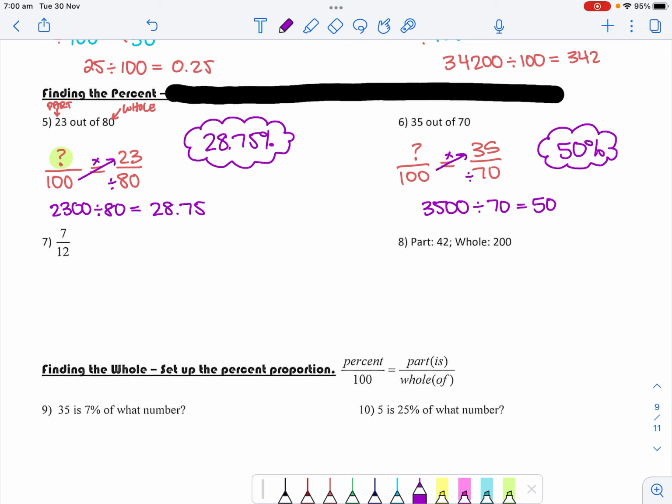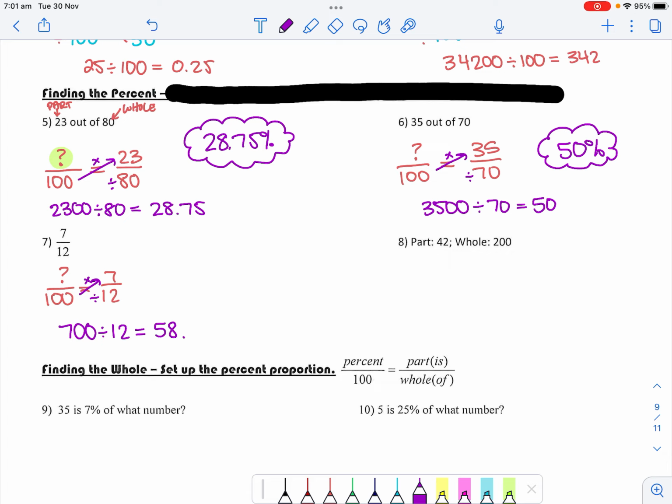In number 7, I'm already given my part over whole fraction, so I just need to write the rest of my percent proportion. So question mark over 100 is equal to 7 over 12. I'm going to multiply along my diagonal. So 700 and then divide by what's left over, divided by 12.